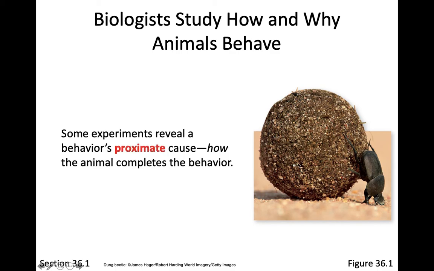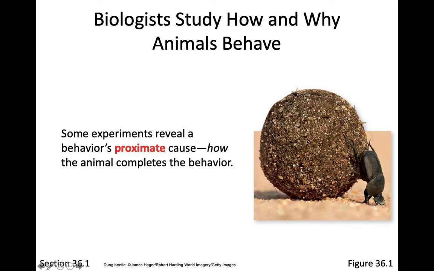There are experiments that have been done to kind of figure out why animals do things and how they do things. But the very first thing that you need to answer is how an organism is doing a particular behavior. So if we want to figure out why this organism is pushing this ball of dung around, we need to first answer how he's doing it.